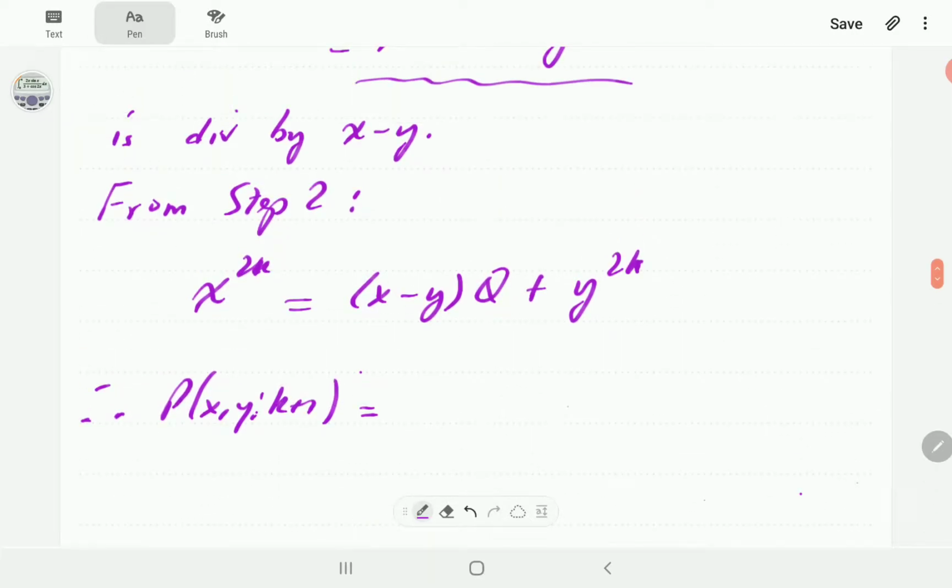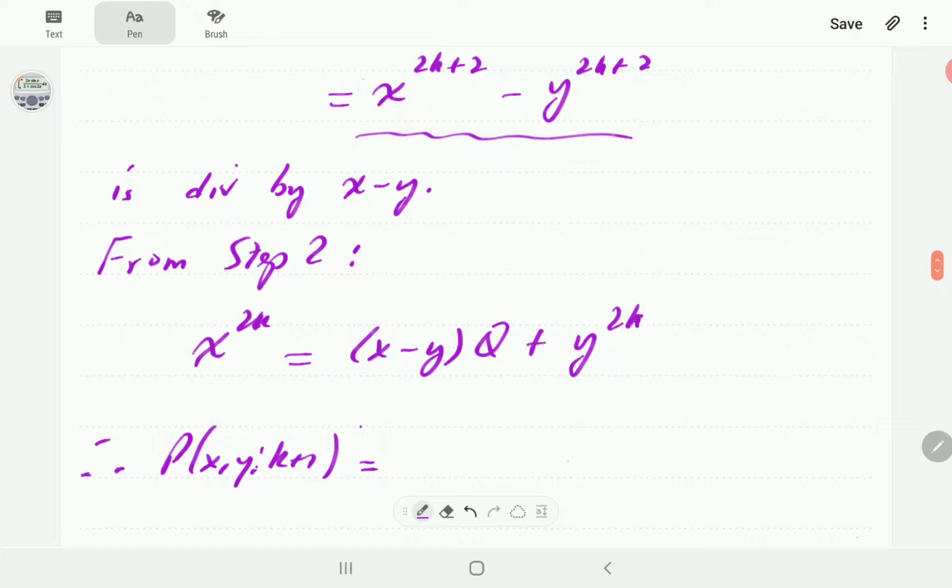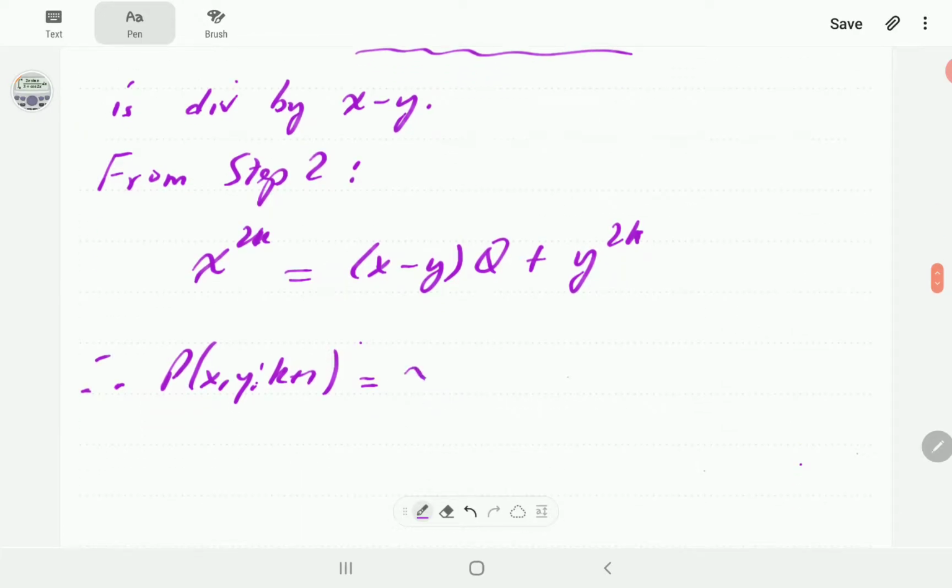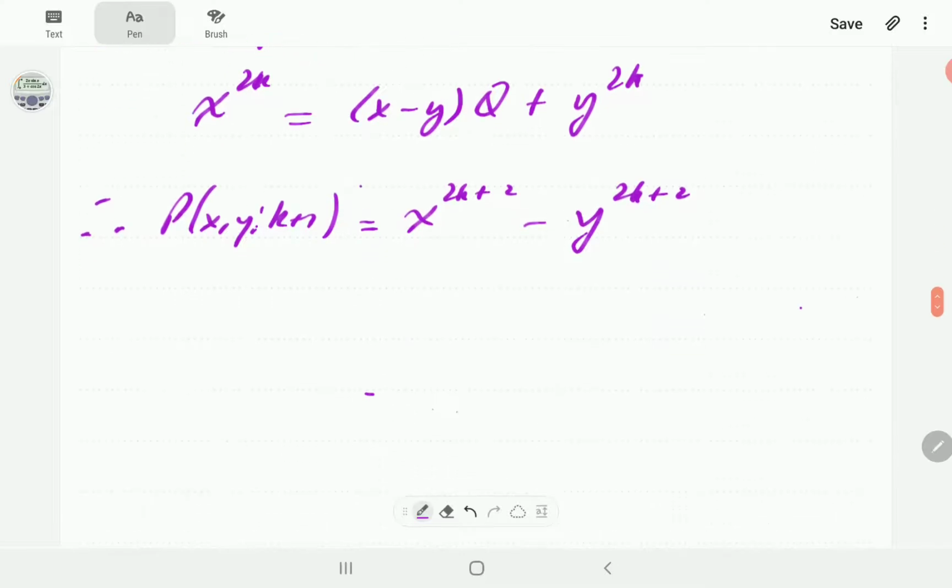let me just write this out first. x to the power 2k plus 2 minus y to the power 2k plus 2. Now I'm going to write this as x to the power 2k times x to the power 2 minus y to the power 2k times y to the power 2.